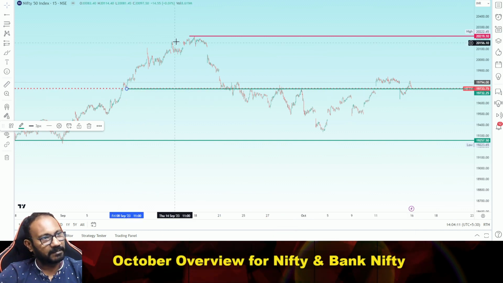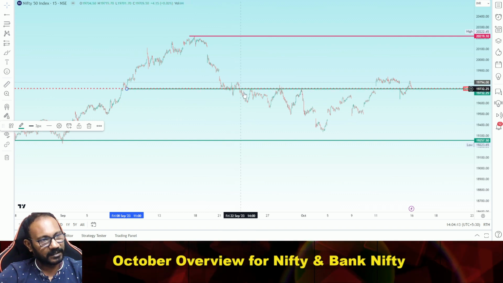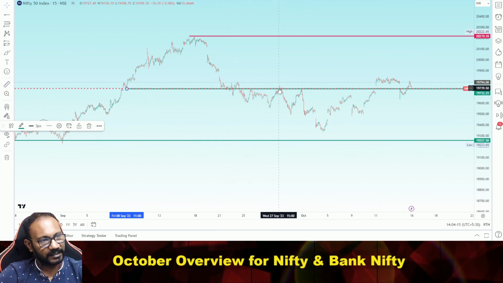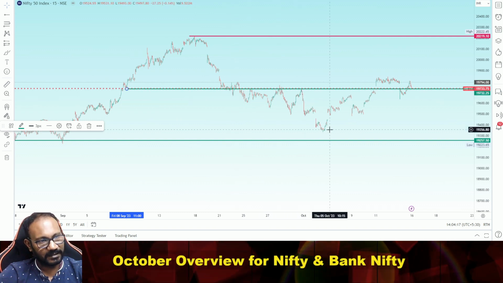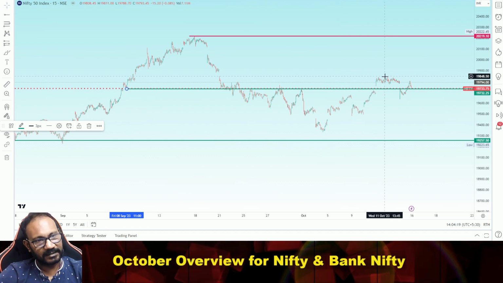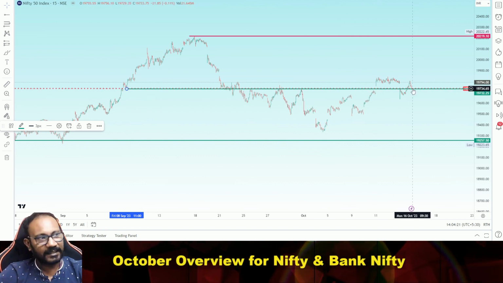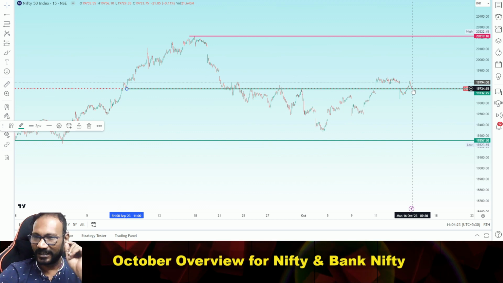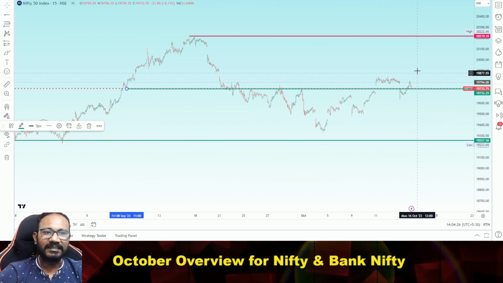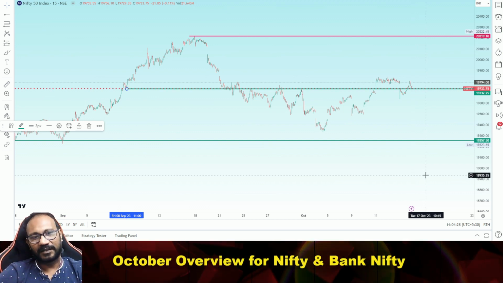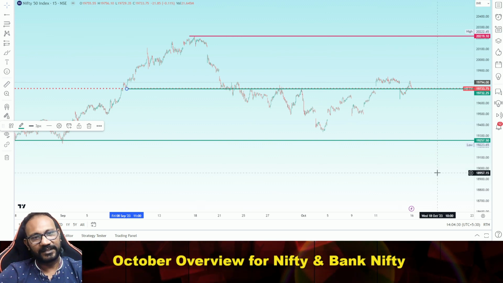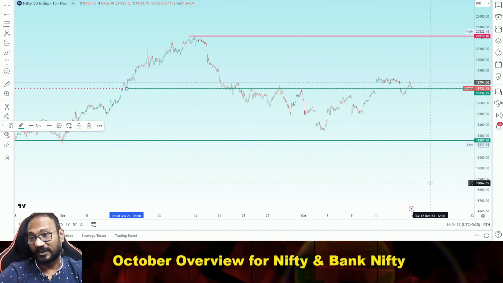When the market went up, it took support here, again it fell down, and then it got retested multiple times at this level. It went down, again it retested and closed exactly at this level, right? So we are at a very critical juncture. Any side movement is possible, like 300 points on the upside or a 500 points move on the downside.